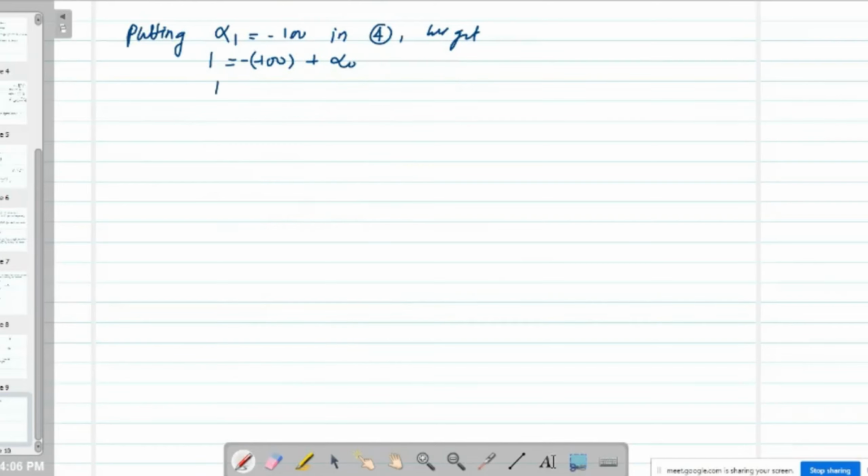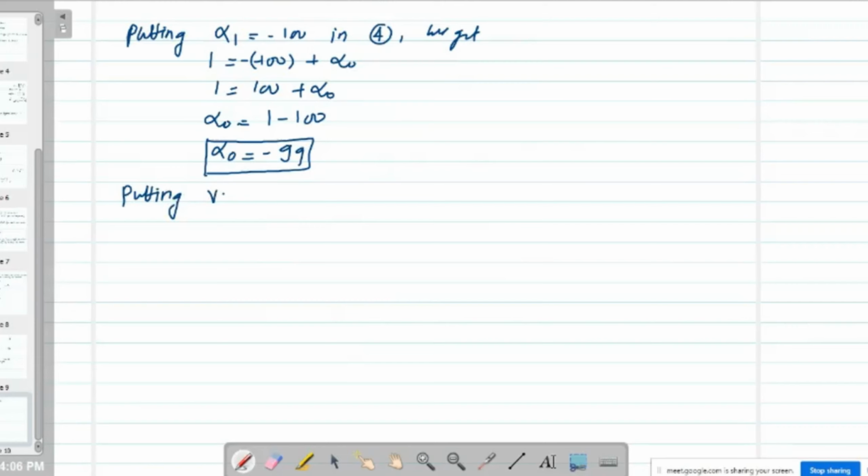So this becomes 1 equal to 100 plus alpha naught. So alpha naught equal to 1 minus 100. Therefore alpha naught equal to minus 99. Is this correct? Yes, sir.